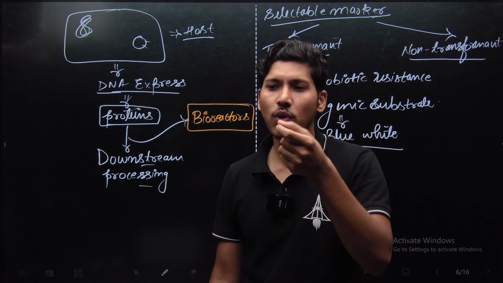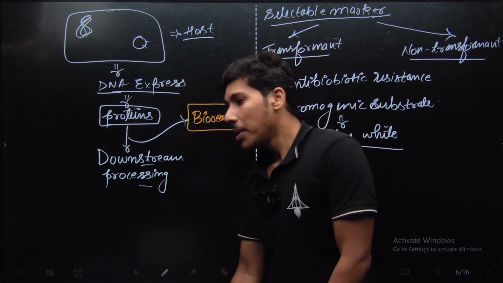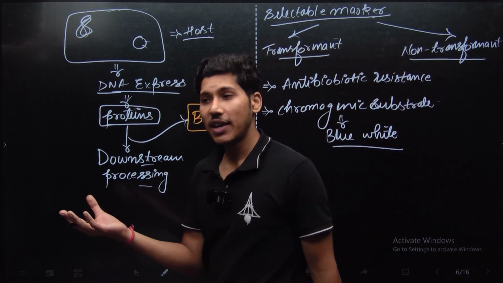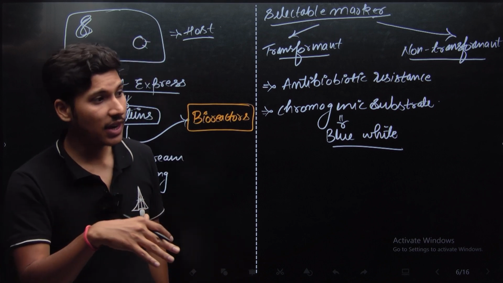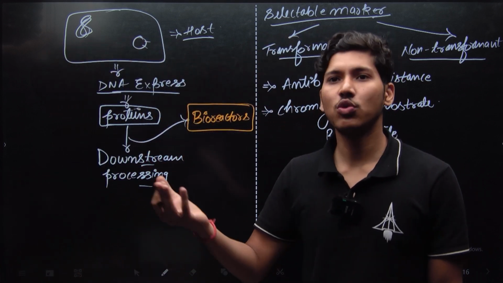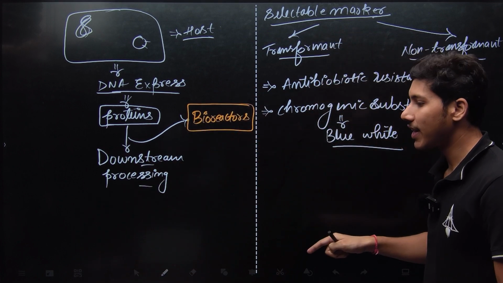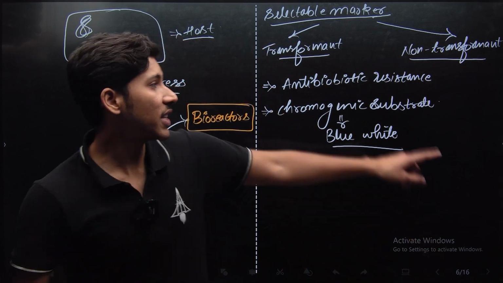We just have to add the enzymes and let the reaction happen. But we also can't assume that if we have done all the things, then all the things would have been done, right? We have to recheck it, cross-check it by using a selectable marker.